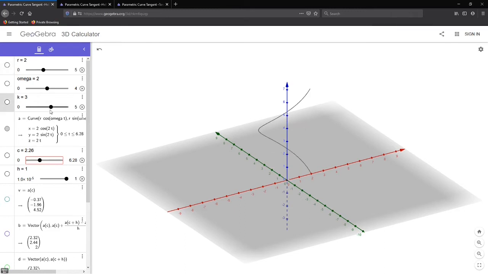If we change that, it changes how stretched out this is. And obviously we can see that if k is 0, there's no change in the z direction at all, and we just get a regular old circle instead of a helix. But for positive values of k, or a in the notes, this is changing how the helix is stretching along the z axis.